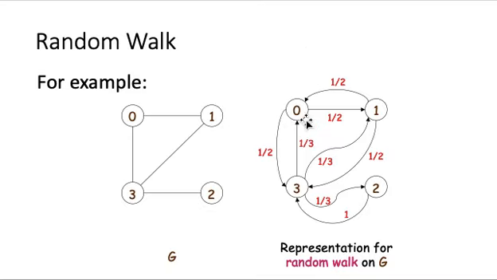So basically, for each node, it will have the same probability for each outgoing edge. So because 0 here has 2 edges connected to it, half of the chance it goes to 1 and half of the chance that it goes to 3. And for instance, this state 2 has only 1 edge joining it. So with all the probabilities, the edge from state 2 to state 3 will have probability 1.